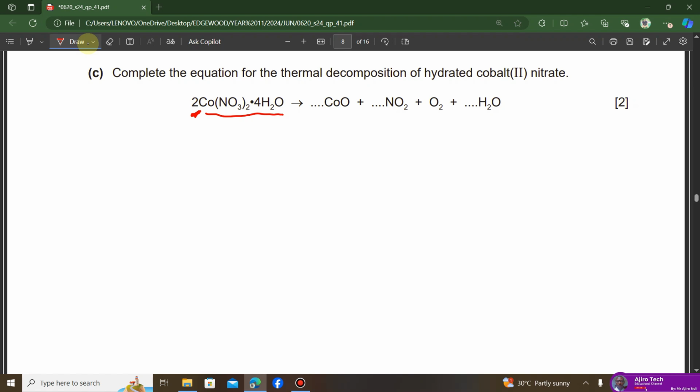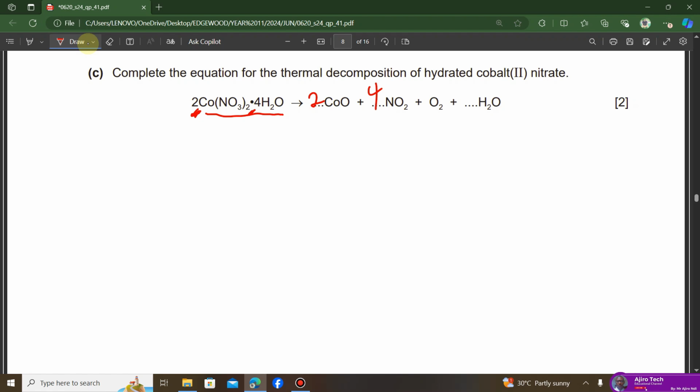On the left, we have 2 cobalts, so we simply put a 2 here. Now let's see how many nitrogens we have. There is a 2 outside the bracket, so 2 times the 2 at the coefficient here gives 4 nitrogens. So we should put a 4 there to make it also 4 nitrogens.